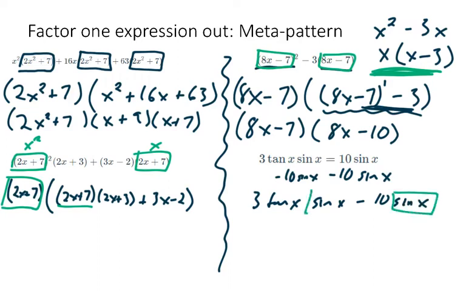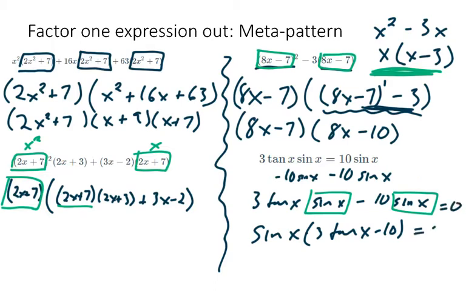Hey, look, it's a sine x. So what I'm going to do is factor that sine x out, times 3 tan x minus 10. And by the way, this would have been an equals 0. This would also be equals 0.